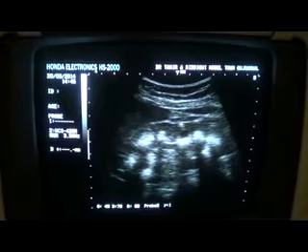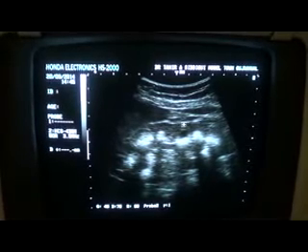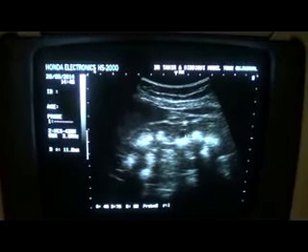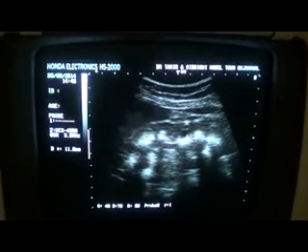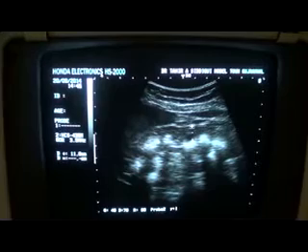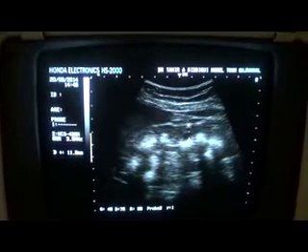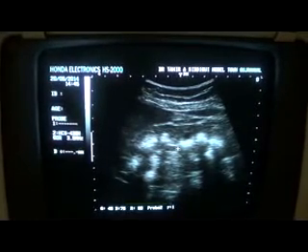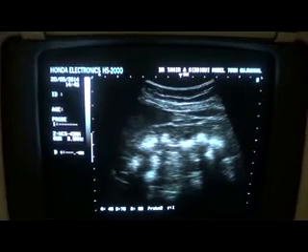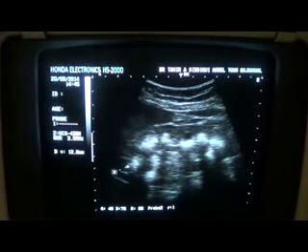Now this is the parenchyma, and the parenchyma in the anterior mid region measures approximately 11.6 millimeters in this particular case, and the parenchyma at the upper pole measures approximately 12 millimeters.